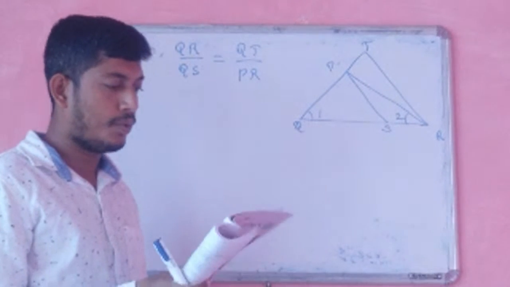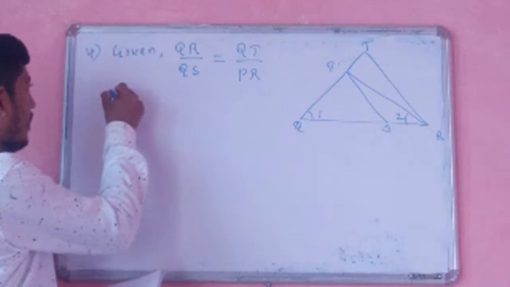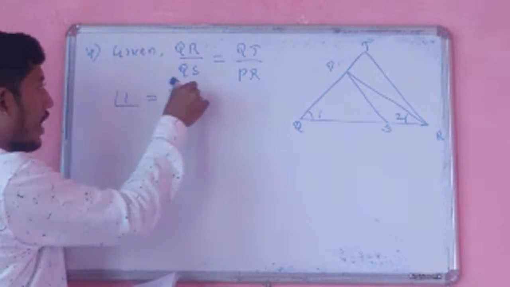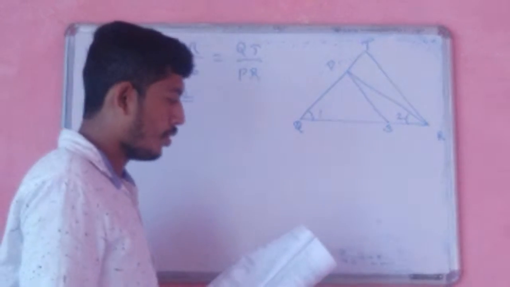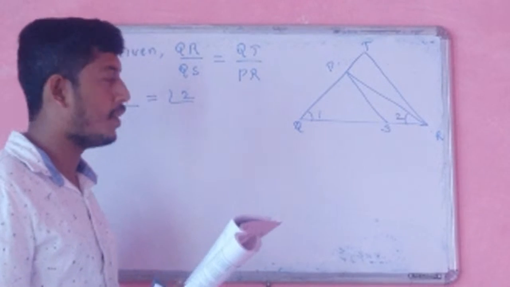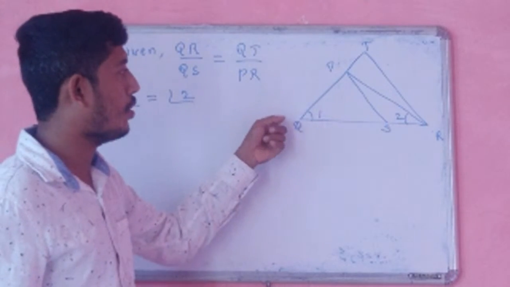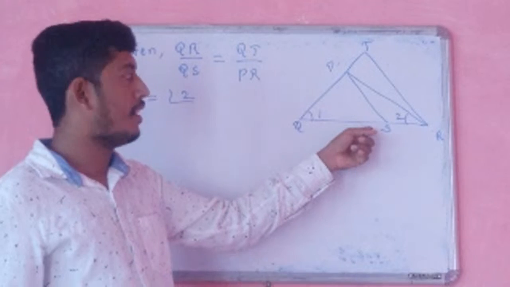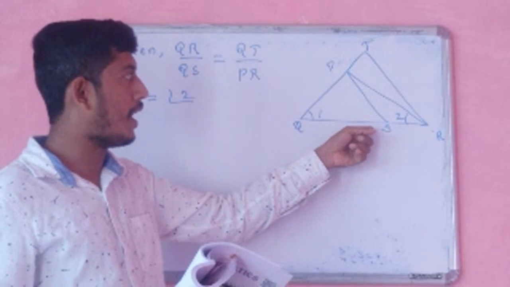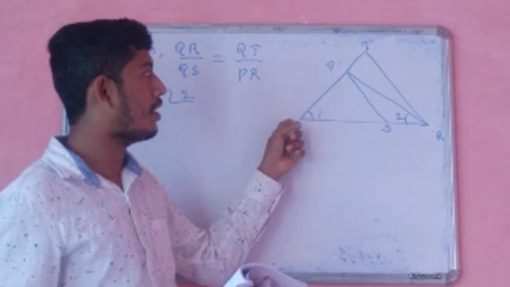And here two angles are given, they are equal. Angle 1 is equal to angle 2. Show that triangle PQS is similar to triangle TQR.